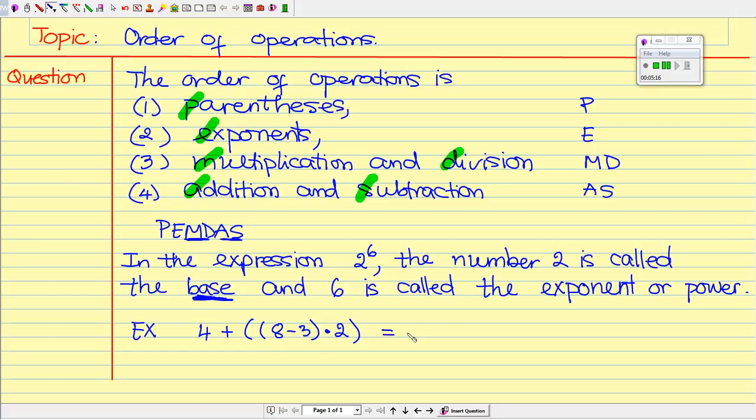So therefore, you will end up 4 plus. Now I'm going to take care of the inner parentheses first. So that would be a minus 3 be 5. And then times 2. Next, I still have parentheses. So I'm going to go ahead and multiply 5 and 2. So it'll be 4 plus 10. And the sum is 14.